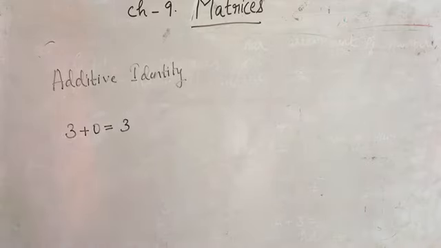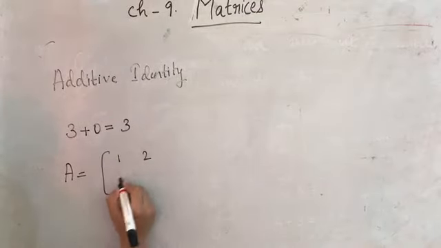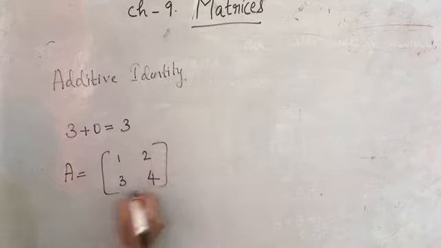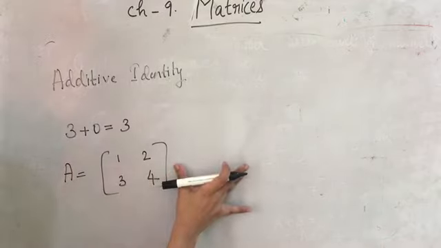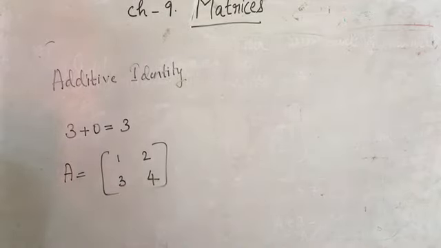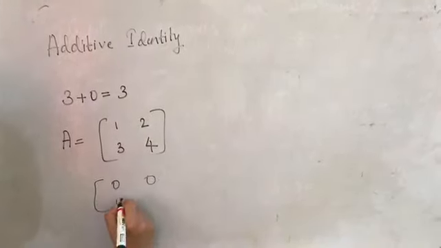In matrices also the same condition applies. For example, if you have a matrix A equal to 1, 2, 3, 4, what will be the additive identity of A? Additive identity of A means the matrix which, when added to A, should not change it. So the only possibility for the additive identity is 0, 0, 0, 0.